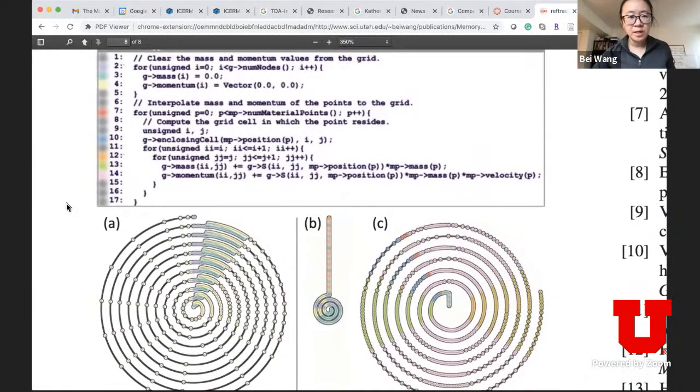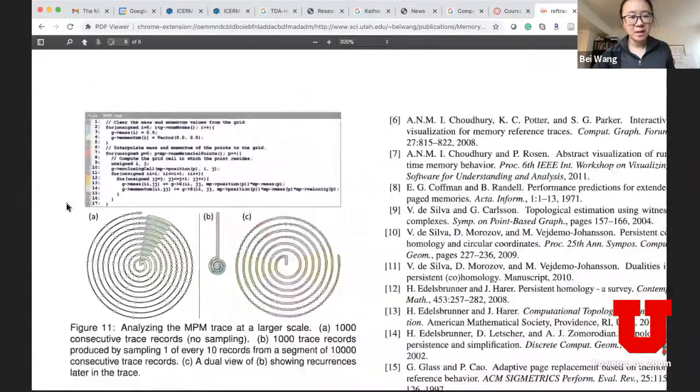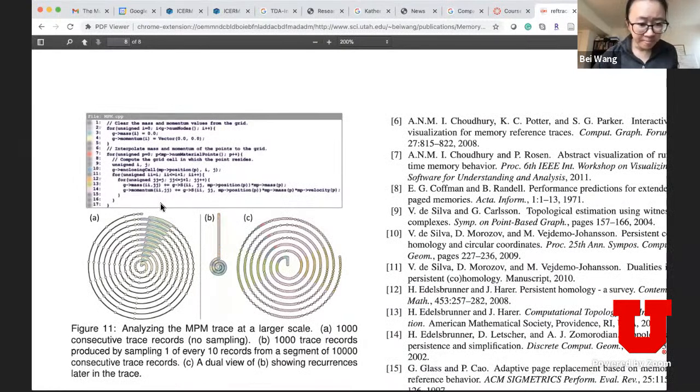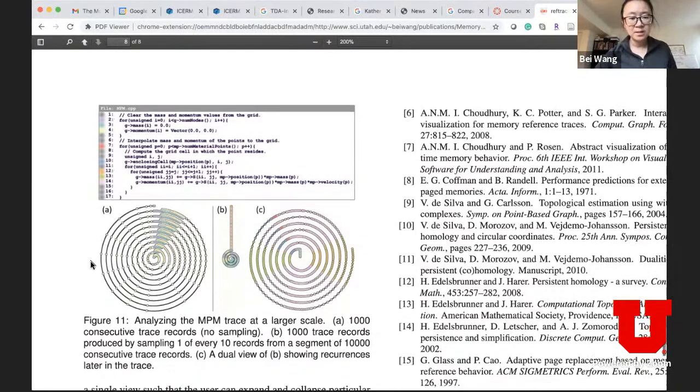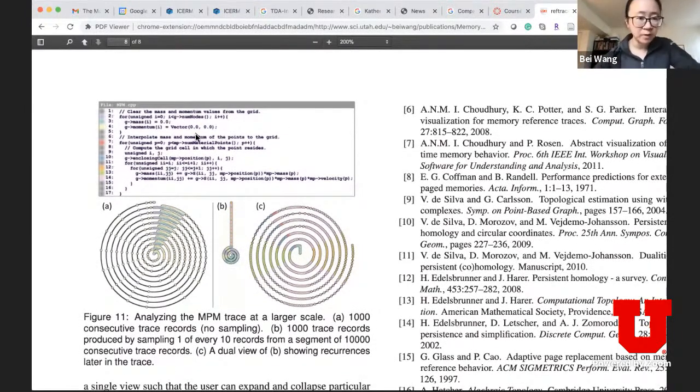We even went into a more extreme example of looking at MPM, which is a sort of particle tracing algorithm. So you have multiple particles in your code, and again, you run this piece of code.